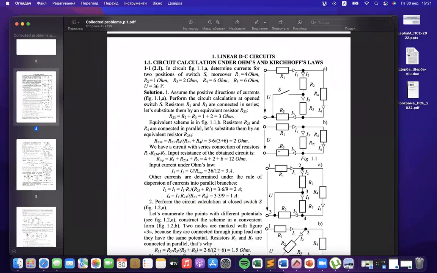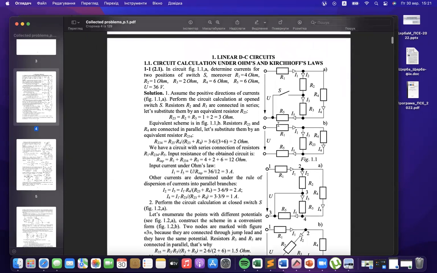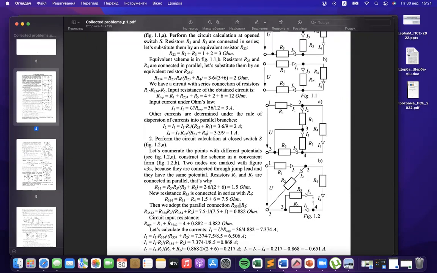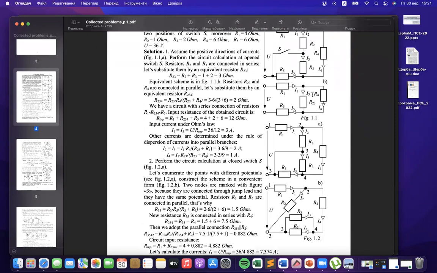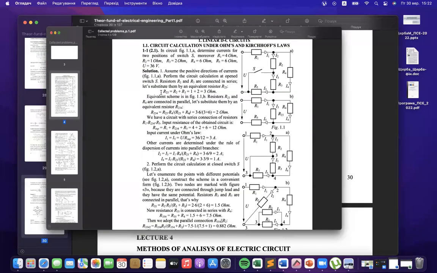You could look through a couple of starting tasks inside this file, for example, here, just trying to add the resistivities as it is told in the initial data. And if you are doing it quite easily and understand, that is perfect. Then it means that this part of material you deal with. You could try a couple of these tasks, and if everything is okay, we could move forward.